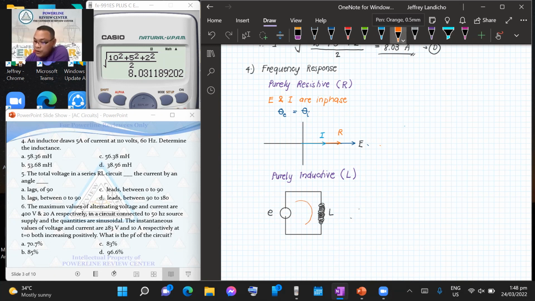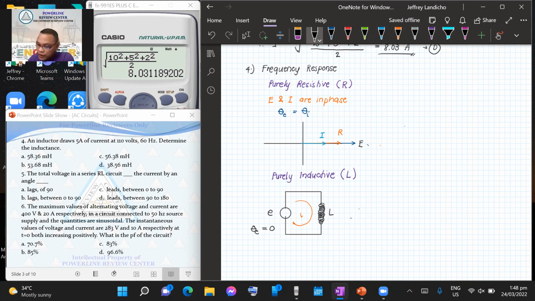Therefore, we have the circulating current. So let us consider, unless otherwise, so ibig sabihin, pag walang binanggit sa phase angle ng voltage, siya yung ating reference. No? At all cases. Pag walang binanggit sa angle ng ating voltage, siyang gawin nating reference. So ibig sabihin, its phase angle that is at 1, 0.